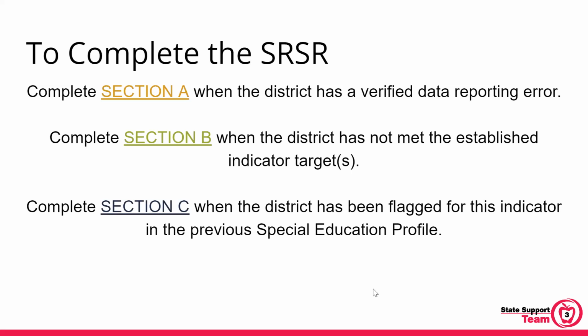If that's the case, if you only have a verified data reporting error, you will just do Section A, and you are not required to have the state support team consultant as part of your team and signing off on your SRSR and your improvement plan.